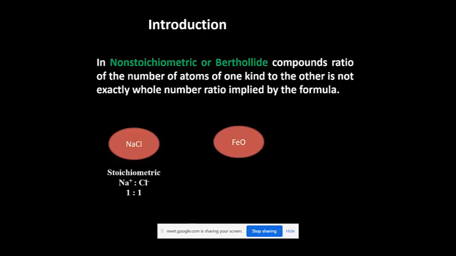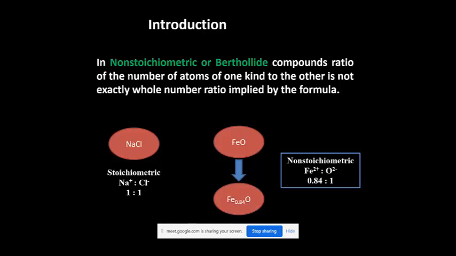But when we see this for iron oxide, the stoichiometry is not exactly 1 is to 1, but it is 0.84 is to 1. It means that Fe2+ ions are 0.84 moles to 1 mole of oxide ions.